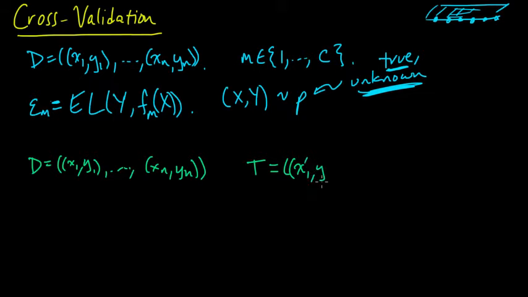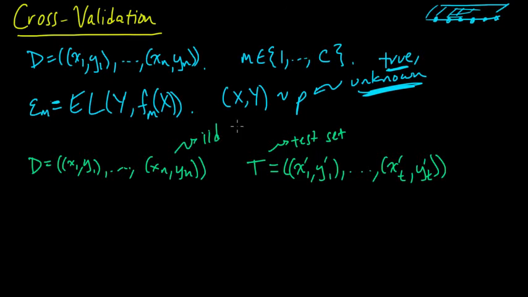Let's call it x prime 1, y prime 1, up to x prime t, y prime t. Suppose that our data were drawn IID from this distribution P, and that the test set was also a sample drawn IID from this true distribution P.